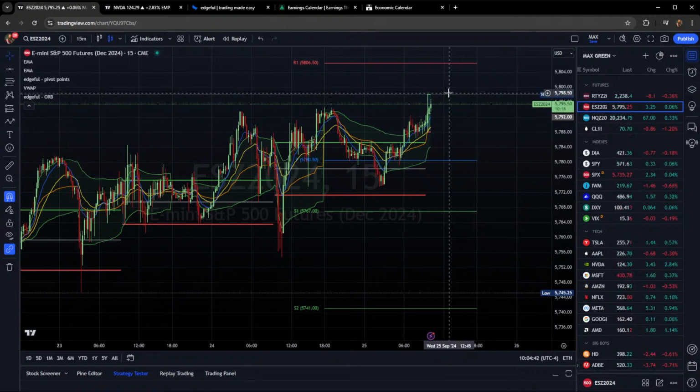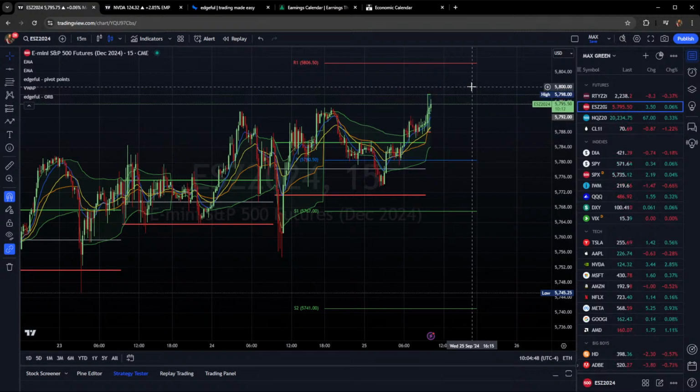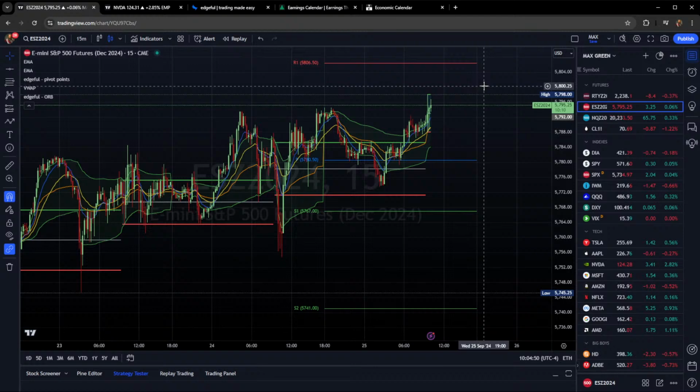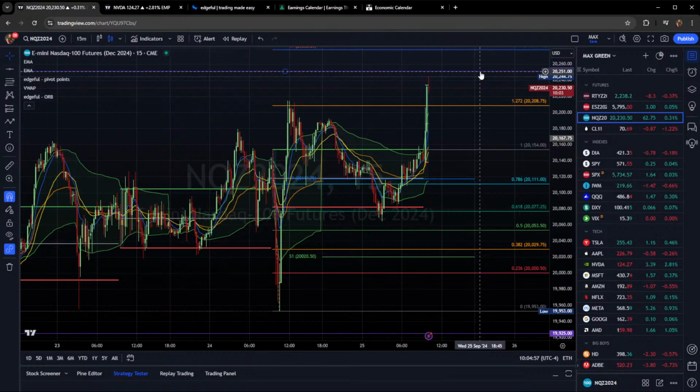If this gets tested, even as close as we are here, this right here rejecting on ES makes me think wherever NQ is at that time, it's probably also going to reject. So if that lines up with this, that's something I'm going to be watching.